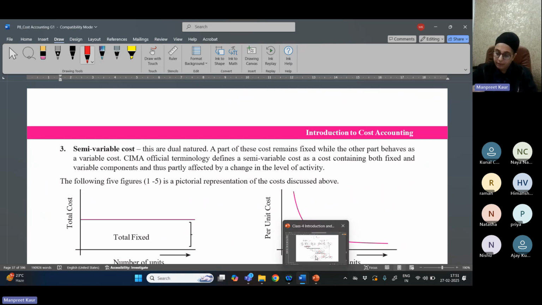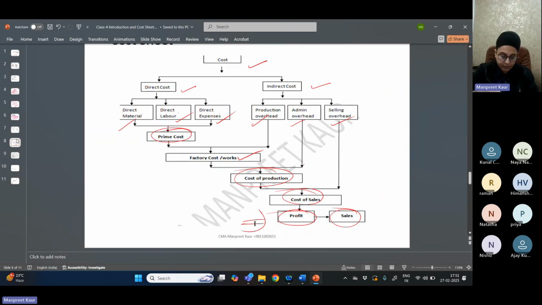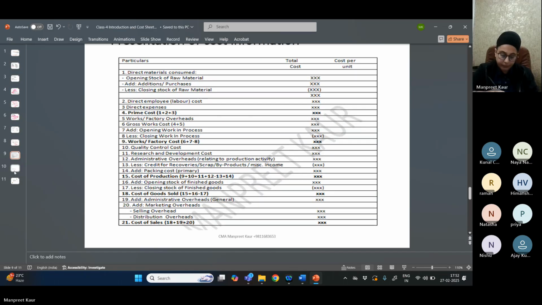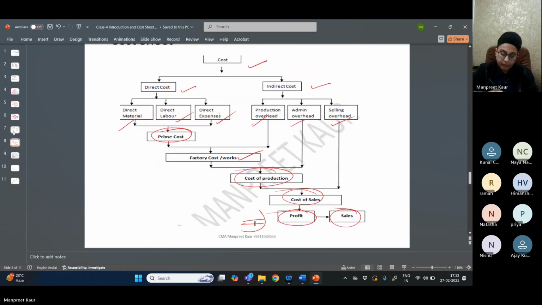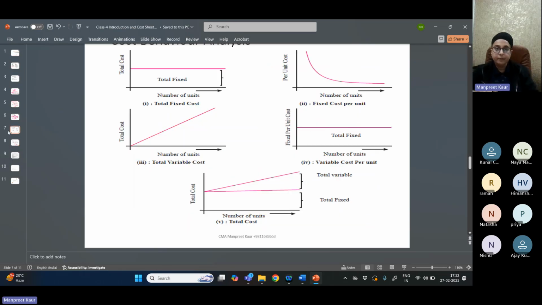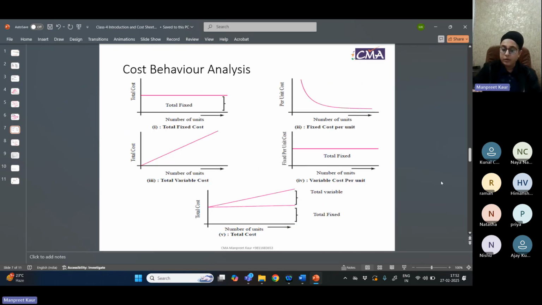If we look at the trend analysis, total cost is on the x-axis, and on the y-axis there are the number of units.